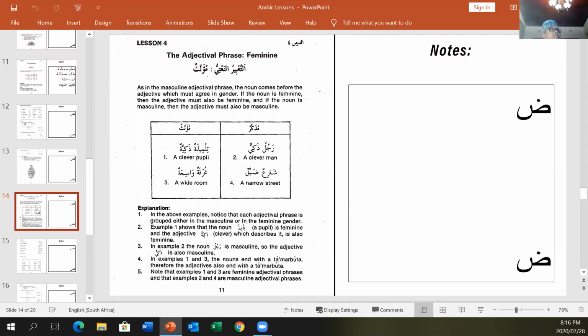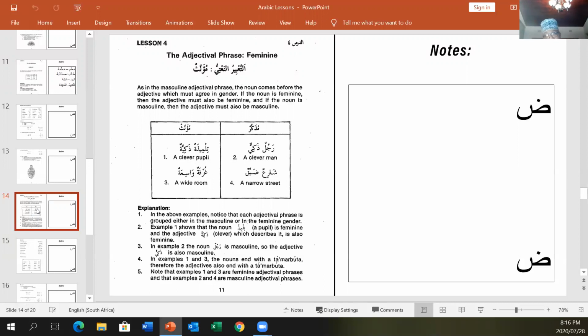So we would say tilmidun means a pupil, and dhakiyatun means clever, qualifying the noun, on the very same pattern as the noun. And that is important, that the noun and the adjective must be on the same pattern for that adjective to actually qualify that noun.